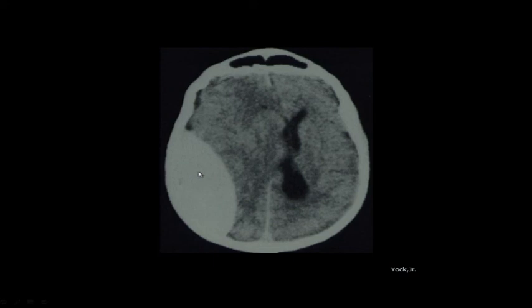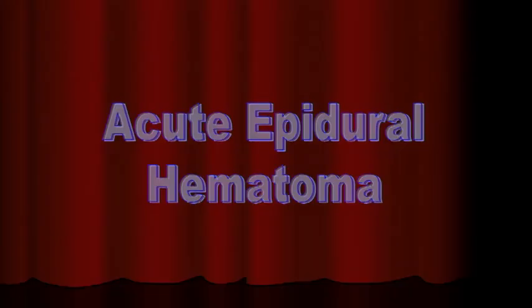No. They love this on the test, I'm sure they do. At least the subdural will not cross the midline, but it can cross the sutures. So think about it. Here the suture stops this, but in the middle there's no suture, so it can cross the midline. The periosteum is associated with the suture.